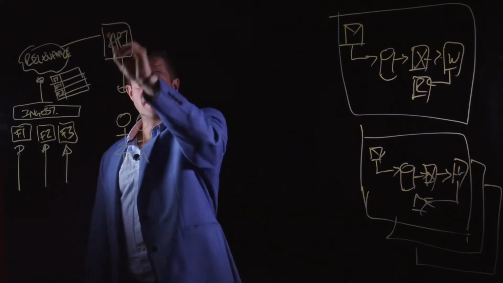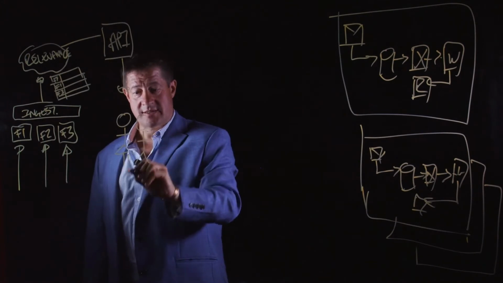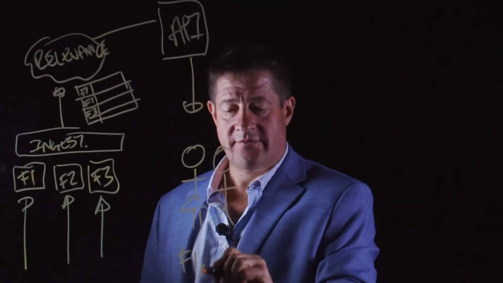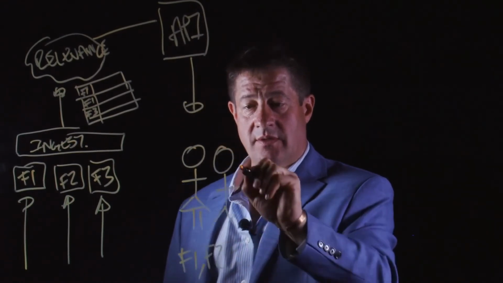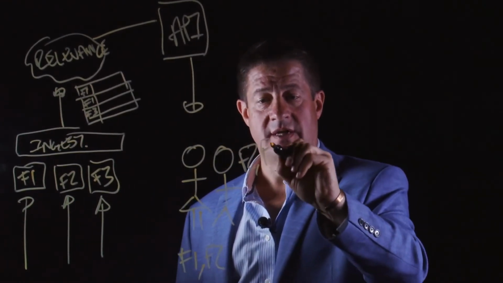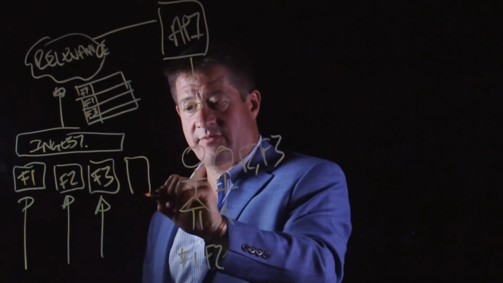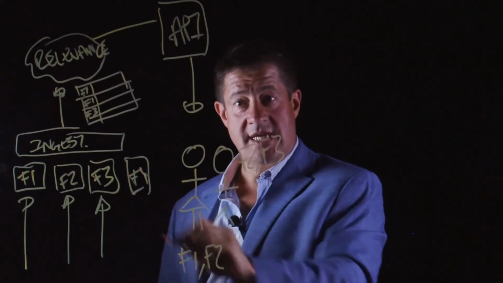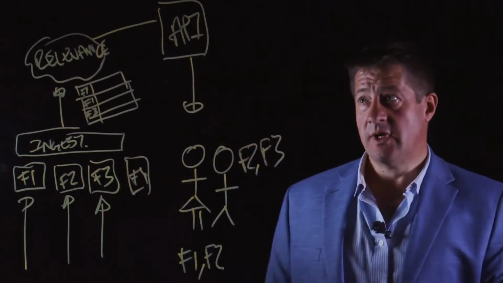So within the API, we have a permissioning system. This compliance officer can see firm 1 and firm 2. This compliance officer can see firm 2, firm 3. And if we had firm 4, neither of them would see the data of firm 4.